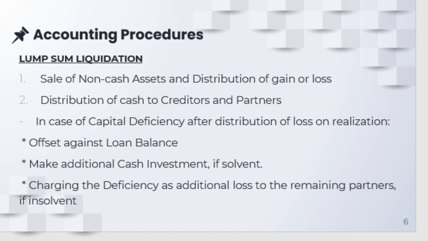But, if he is insolvent, ibig sabihin, wala na siyang pera na pwede ilagay sa business as investment. So, the charging of the deficiency will be to the remaining partner. So, ibig sabihin lang yan na i-absorb ng remaining partners yung kanyang capital deficiency.